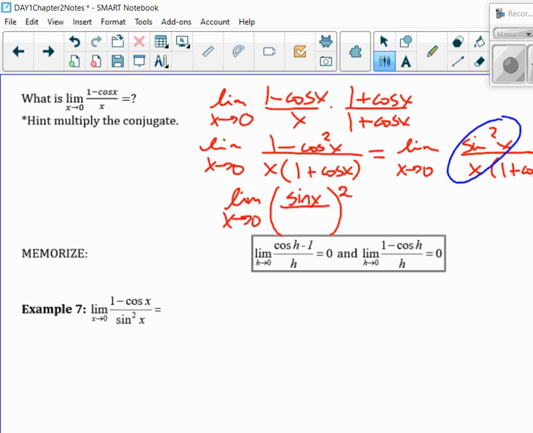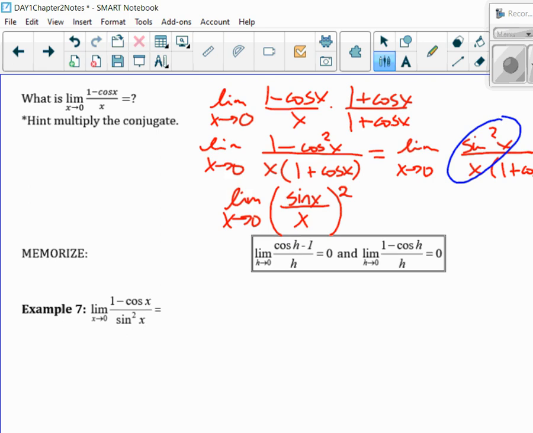Does everybody understand that's the same thing as that top right there? The sine x squared, the whole thing squared, is the same thing as sine squared x. You learned that in grade 12. So what do I write at the bottom? Well, I have to put an x there.